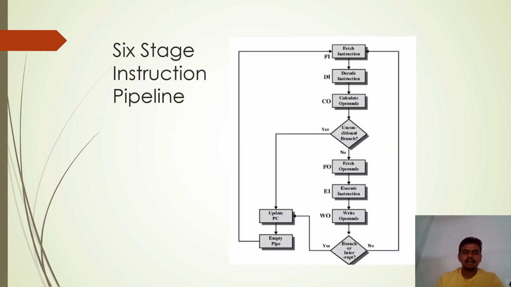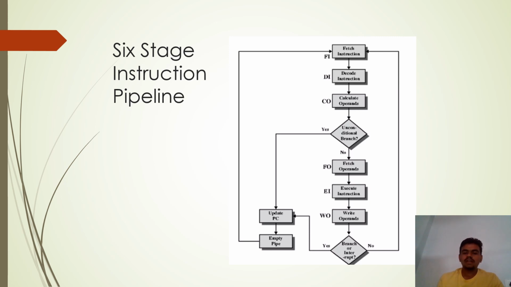And this is the diagram, the 6-stage instruction pipeline diagram. First is fetch instruction, next is DI decode instruction, and next is calculate operands, and next is branch.